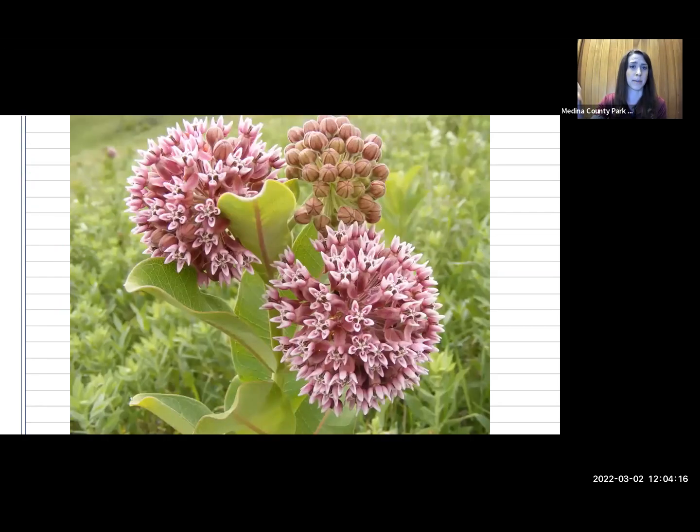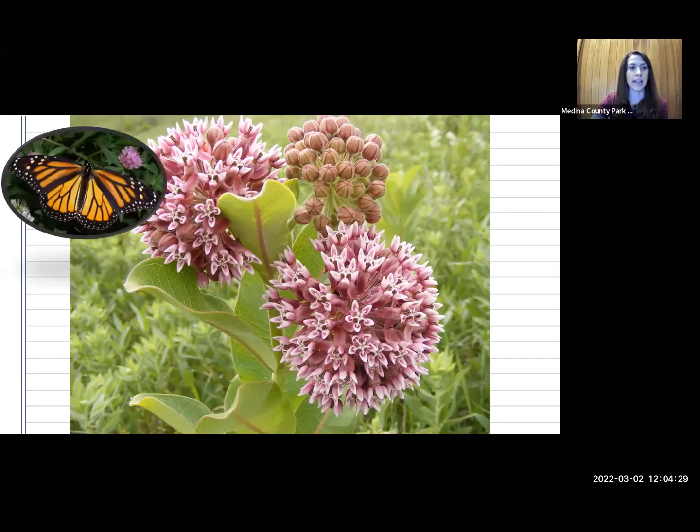A very good example of animals and plants relying on each other in an environment to be successful, and having very specific roles in these complex relationships, is the milkweed plant and the monarch butterfly. I think a lot of us have heard of this relationship. The monarch butterfly relies on the milkweed for its survival.